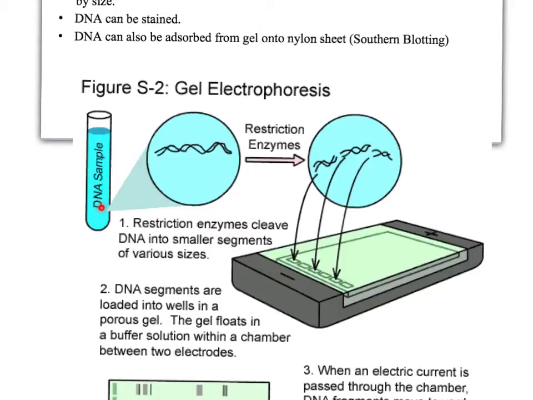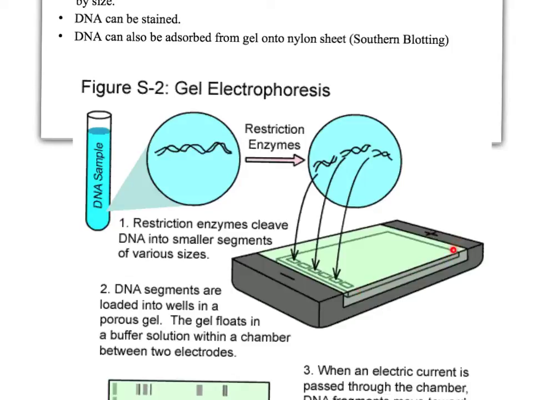Here we've got our DNA sample. We treat that with our restriction enzymes, which cuts it up into different size fragments. Okay, we then put all these fragments into this little well here. The well has been cut into this block of jelly-like material, which is made of a substance called agarose.